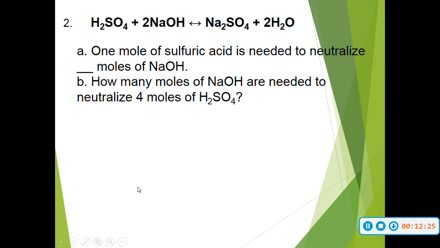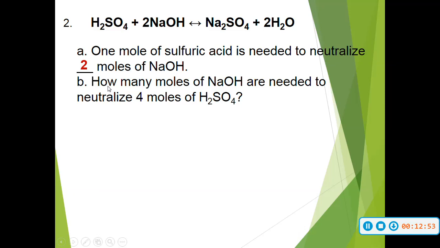Example number 2, if we have sulfuric acid, and we combine that with 2 moles of sodium hydroxide, it produces 1 mole of sodium sulfate and 2 moles of water. 1 mole of sulfuric acid is needed to neutralize how many moles of sodium hydroxide? That coefficient is 2. So we need 2 moles of sodium hydroxide.